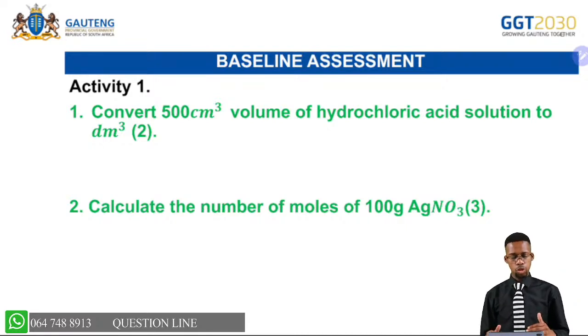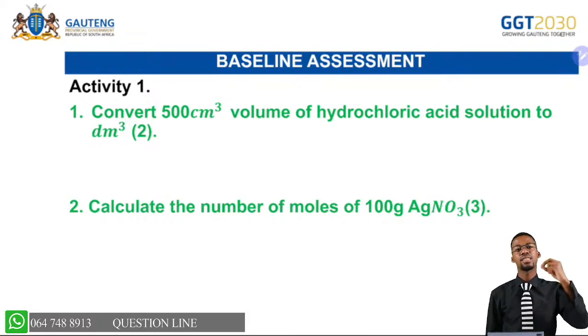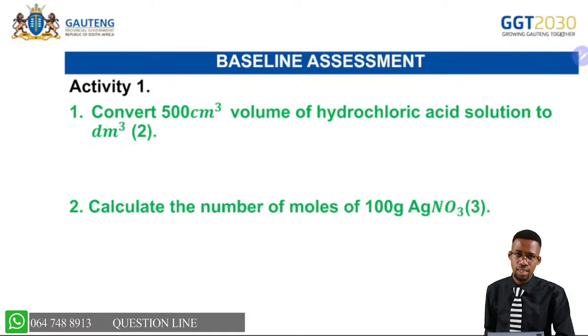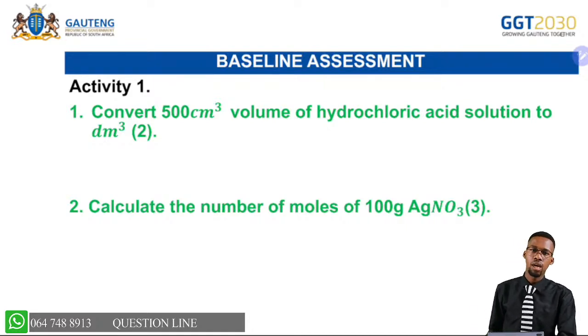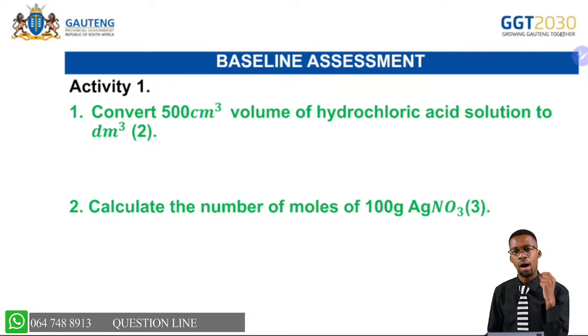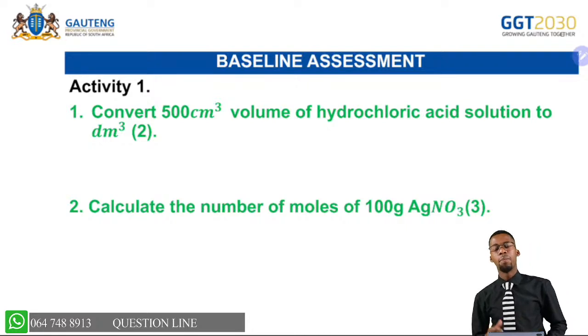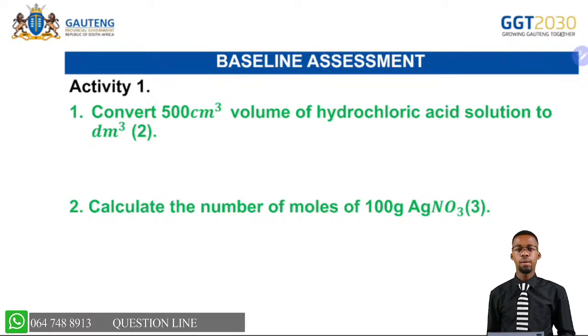So these two questions are assessing the skills that we are going to need to tackle this concept, concentration. We must know how to convert, and we should also be able to calculate the number of moles. And I always say this, when it comes to writing formulas, make sure that you copy them from the formula sheet the way they appear.